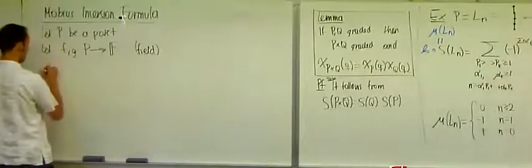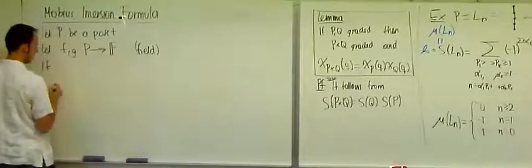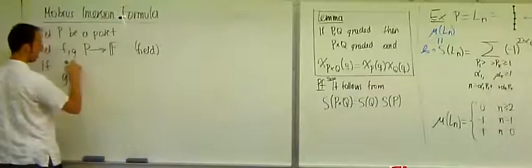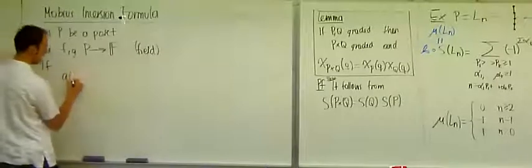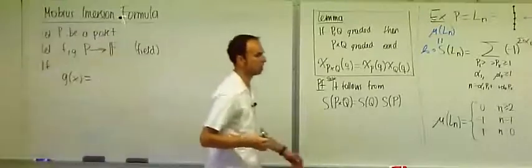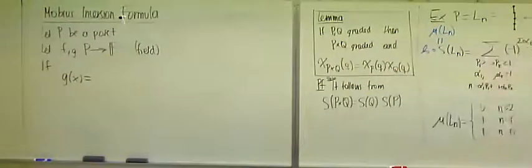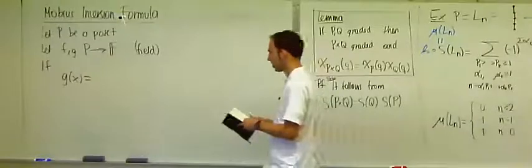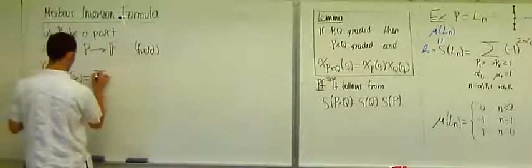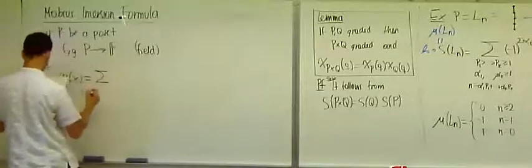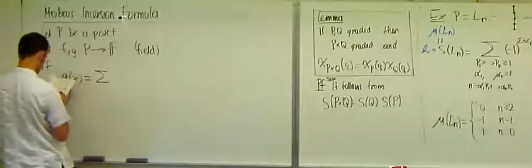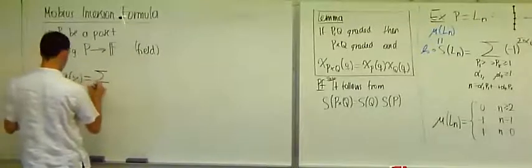Okay? If g of each element of the poset is equal to the sum over... there's two versions of this, and I want to write the one that I'm going to find more useful.